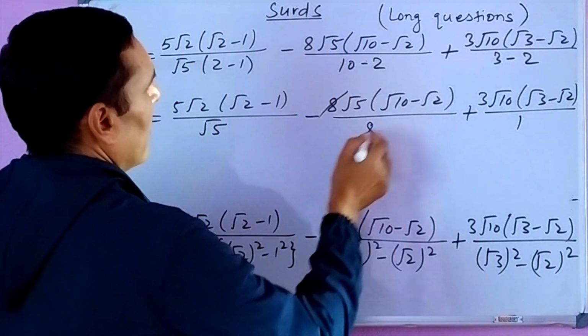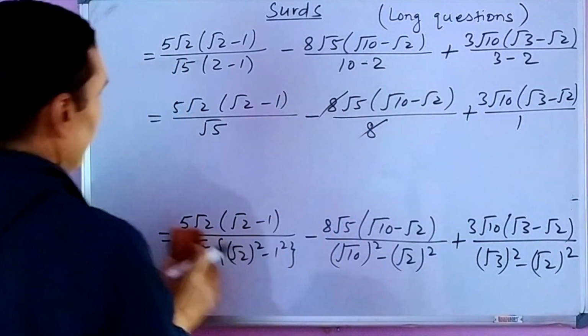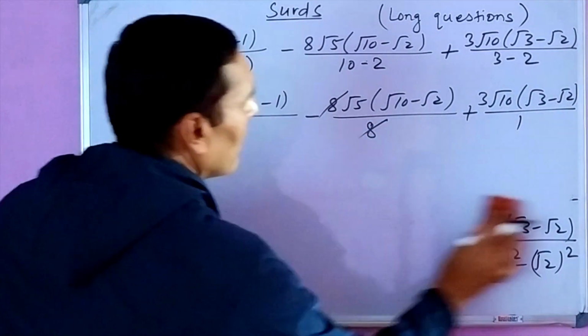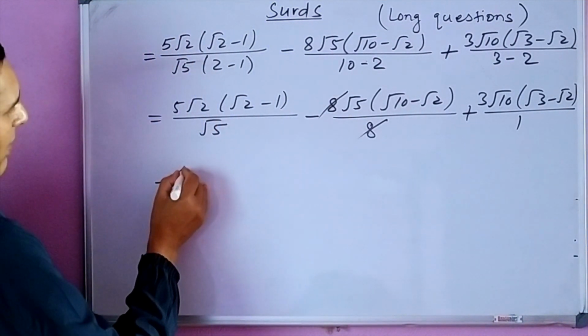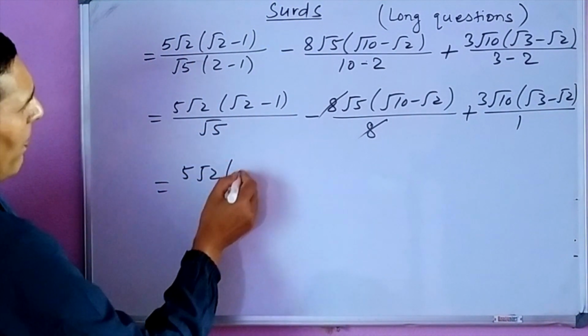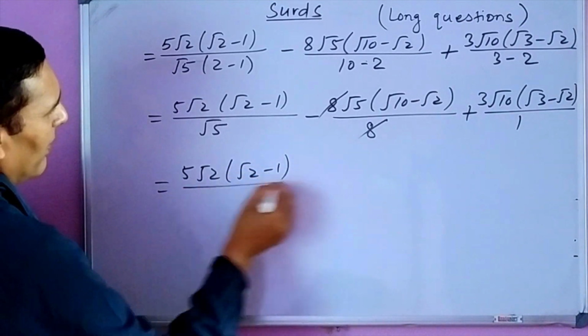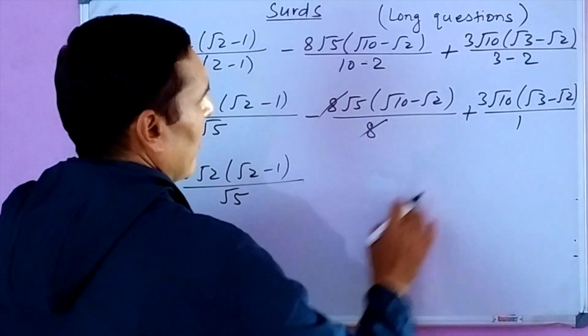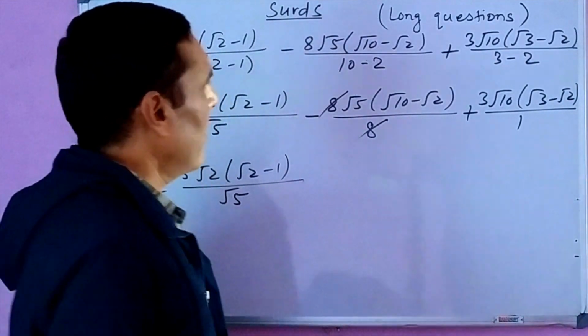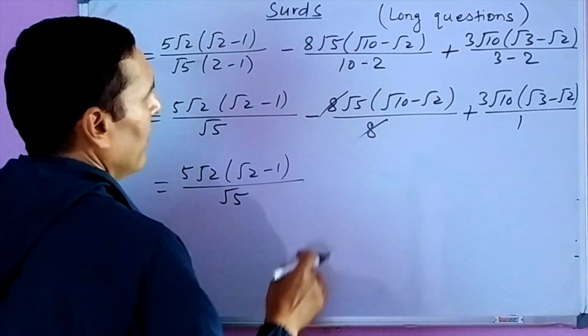So this and this cancel, 8 cancels. In the first term we have (5√2 − 1)/√5. Here we do not have a denominator. In the third term also we do not have a denominator. 8 is already cancelled here.